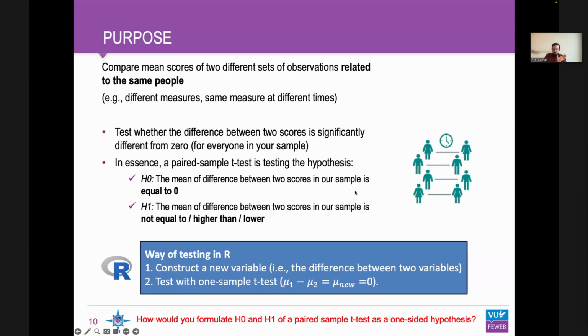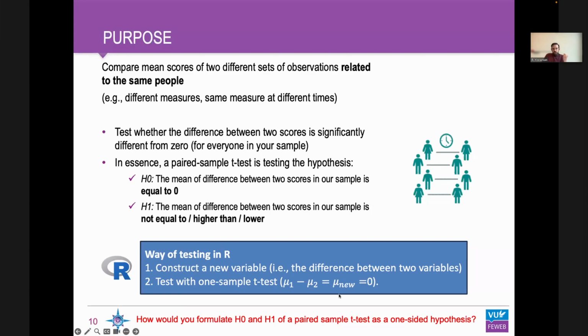So the hypothesis, here I should probably also add lower than or equal to and higher than or equal to. So this can also be a one-sided null hypothesis or a one-sided alternative hypothesis. The way you actually execute this in R is related to what we have just seen.